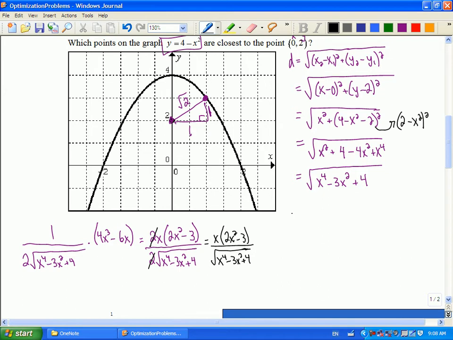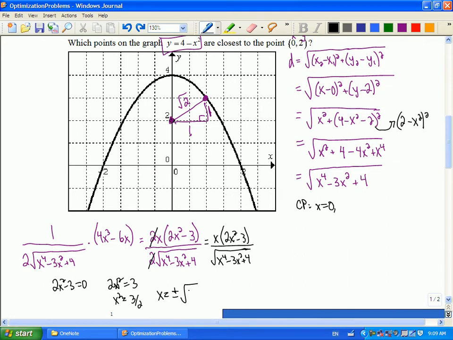Okay, there's one. Good. If you solve this equation here, 2x squared minus 3, you're going to have 2x squared equals 3. So that means x squared is 3 over 2. So x should be plus or minus root 3 over 2.